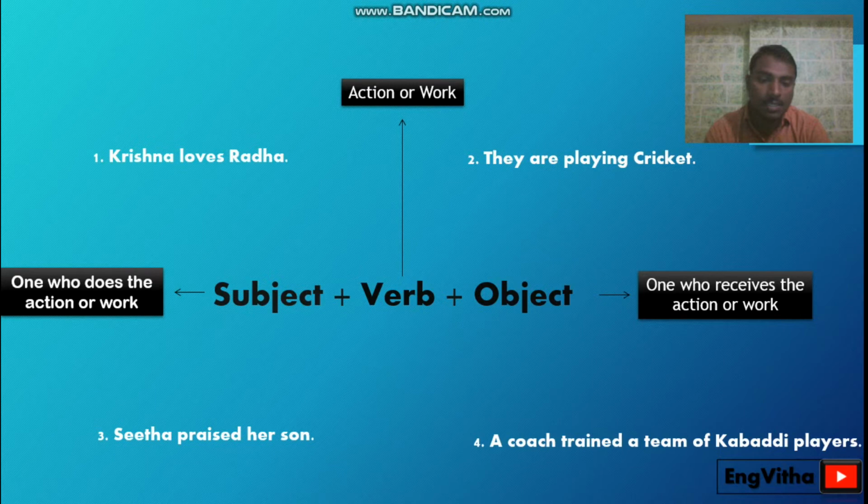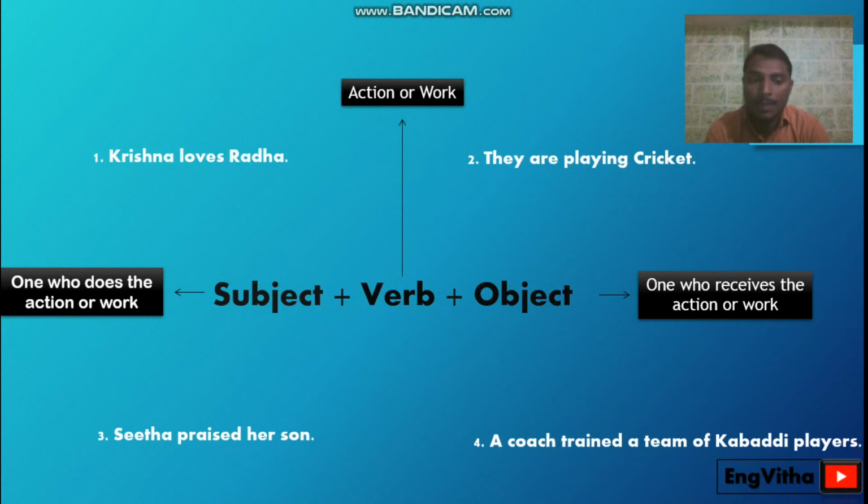And the fourth sentence, a coach trained a team of kabaddi players. In this also the same pattern is there: a coach, the subject, is doing an action, trained, towards a team of kabaddi players, that is the object.